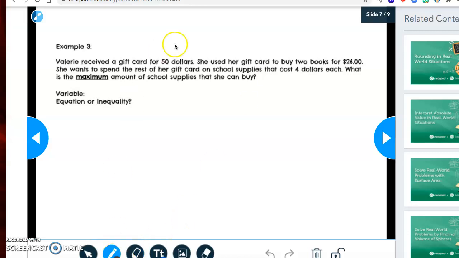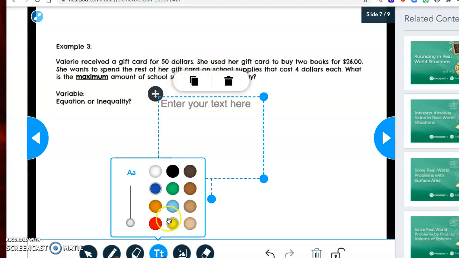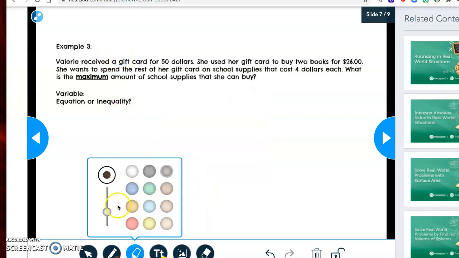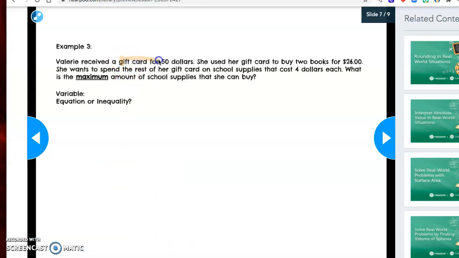Something that you guys should know is, if you have a gift card, you can't spend anything more than that gift card. So you should realize that you can't spend more than $50.